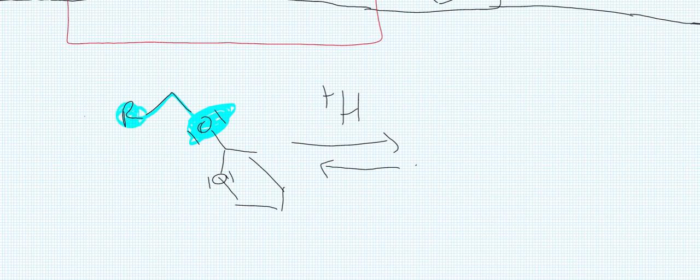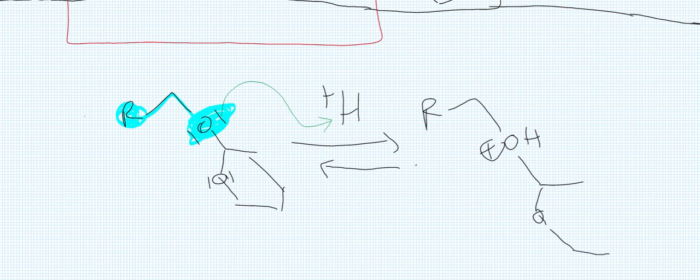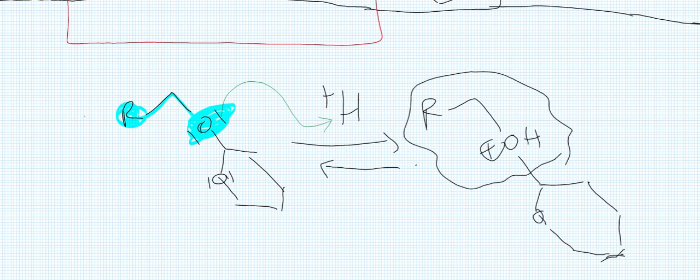So this oxygen is going to grab the hydrogen and form OH plus. Once we form the OH plus, let me draw this better, sorry. Once we form this molecule, we have a good leaving group. All of this is going to be our leaving group. Let me draw it again. All of this is going to be our leaving group. So how can we do it?